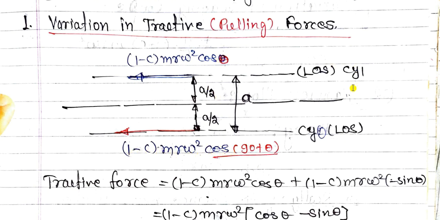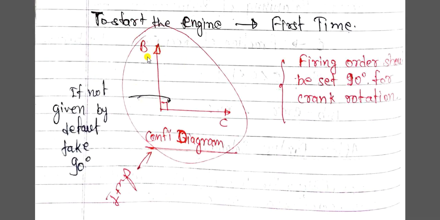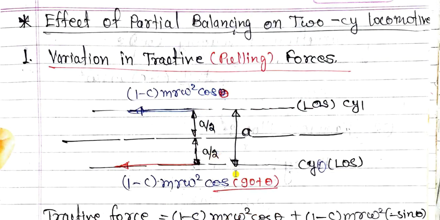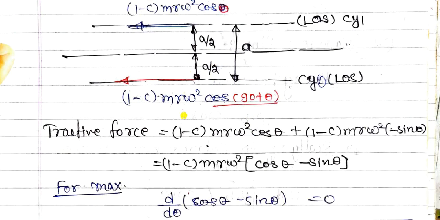But cylinder 1 and cylinder 2 are 90 degrees apart. Just now we have seen the angle between cylinder 1 and cylinder 2 is 90 degrees. So here, instead of theta, it will be 90 plus theta. So how much tractive force is coming?